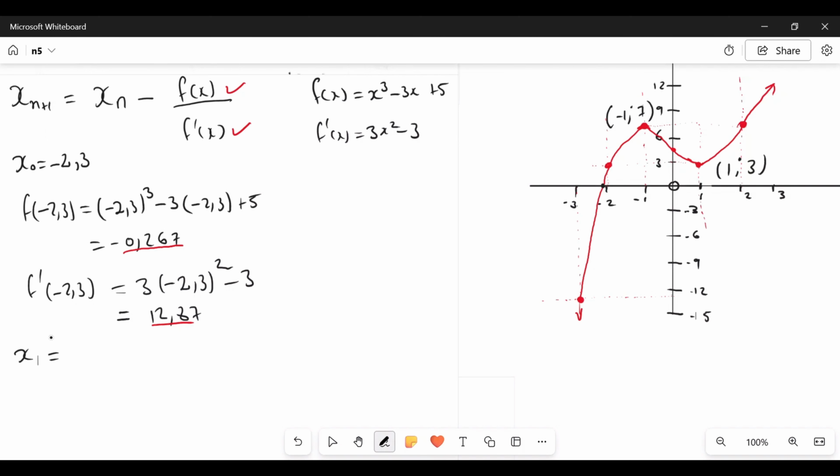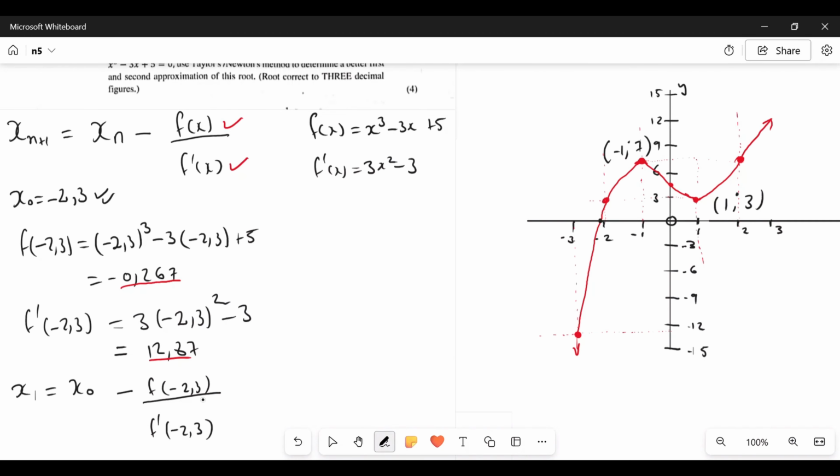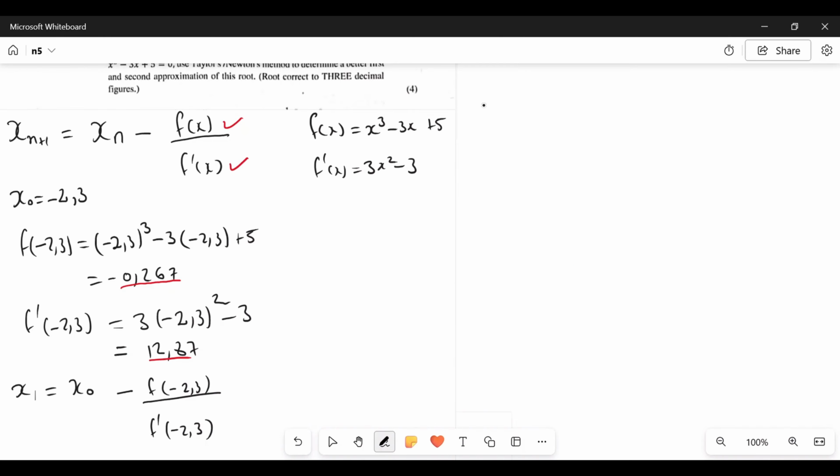The formula is going to go like this: x1 equals x0 minus f of negative 2,3 divided by f prime of negative 2,3. Basically we're just going to substitute the values that we have. We don't have enough space, so let me erase our graph because we don't need it anymore. We can continue from this.